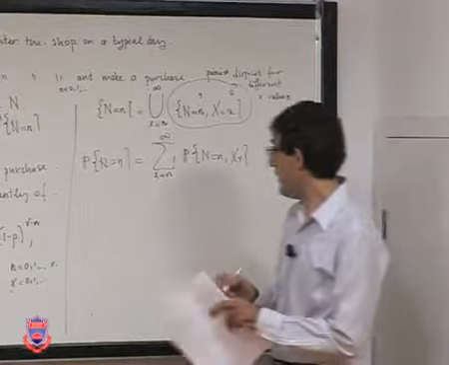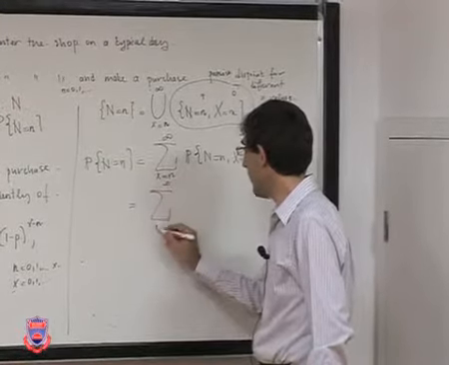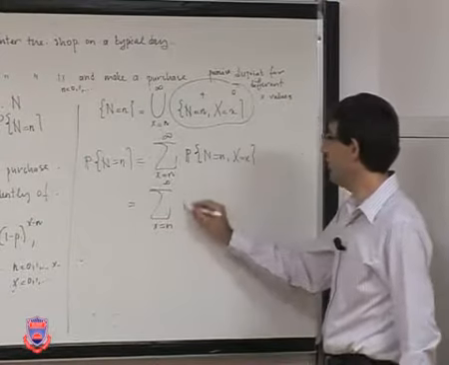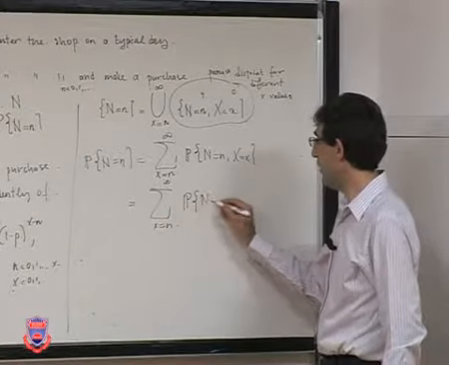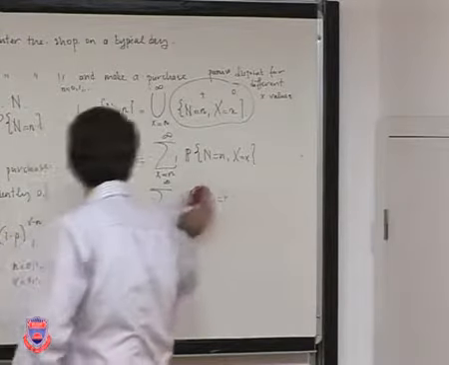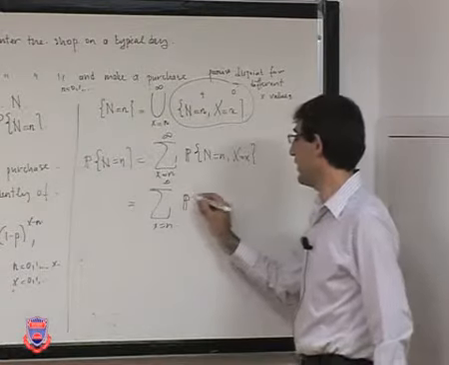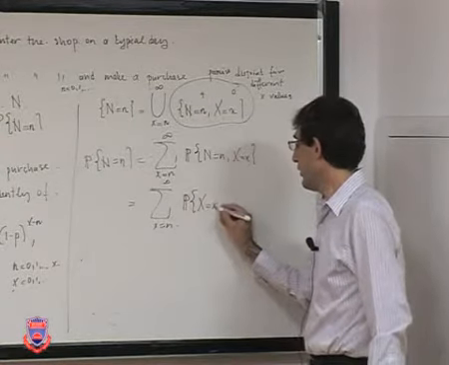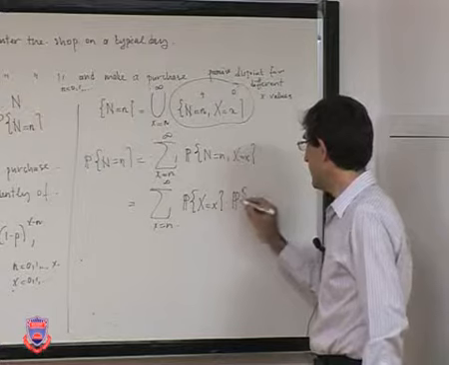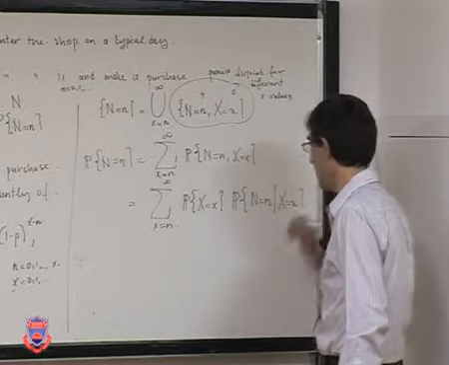But here we basically use what? We just remember how the conditional probability was defined, right? So we can condition on, well, not this one. I will just write the other one first. So this times the probability that n equals little n given that there are exactly x customers, right?